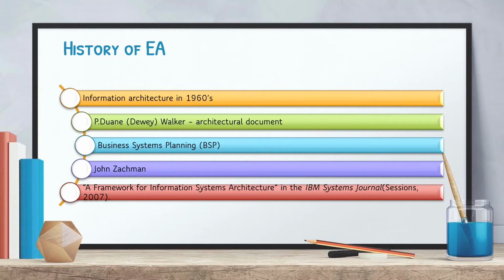Zachman's works were highlighted in his seminal paper named A Framework for Information Systems Architecture in the IBM System Journal. So we start with information architecture, then we have business systems planning, and information systems architecture, and later it was named enterprise architecture.